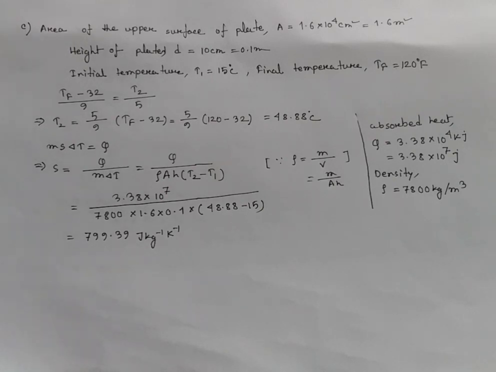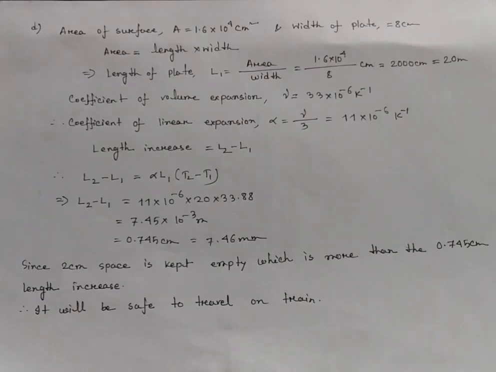So now we have to calculate question number D. If you have written the question already, then have a look at the question. Question number D was, if the width of the plate is 8 centimeter, then will it be safe for you to travel on that day?